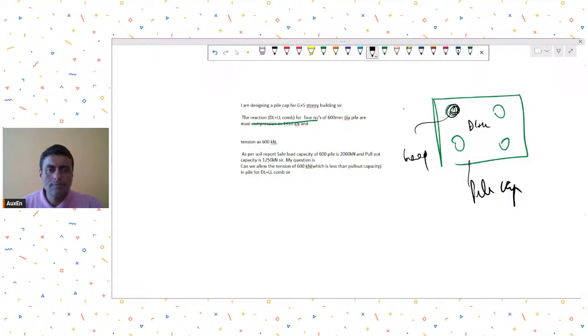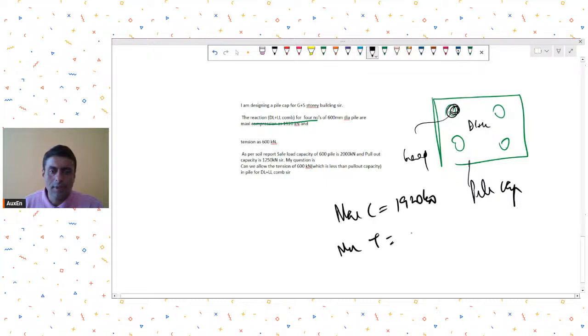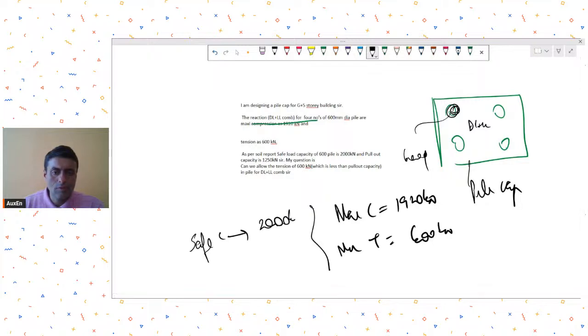So the maximum compression in the pile is 1920 kilonewton and the maximum tension in the pile is 600 kilonewton, and the safe capacities are 2000 kilonewton for compression, and safe uplift is 1250.